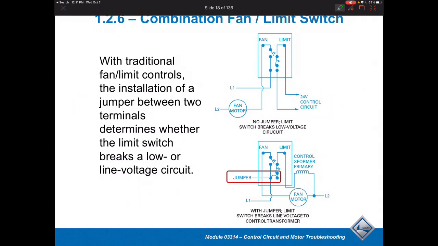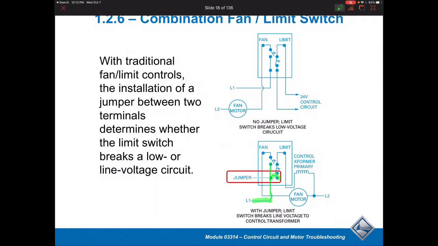So on the old traditional combination fan and limit control, they would have a jumper that would allow the power to go between the fan side and the limit side. The main thing a person has to recognize is that if you have a transformer, the fan is typically on the high voltage side.